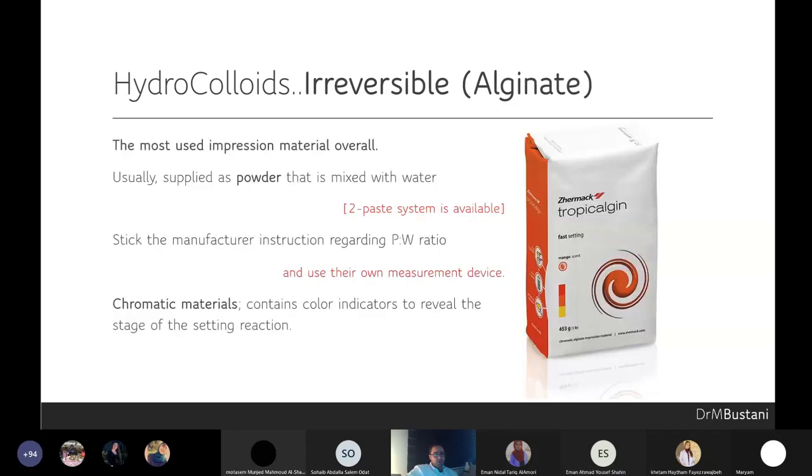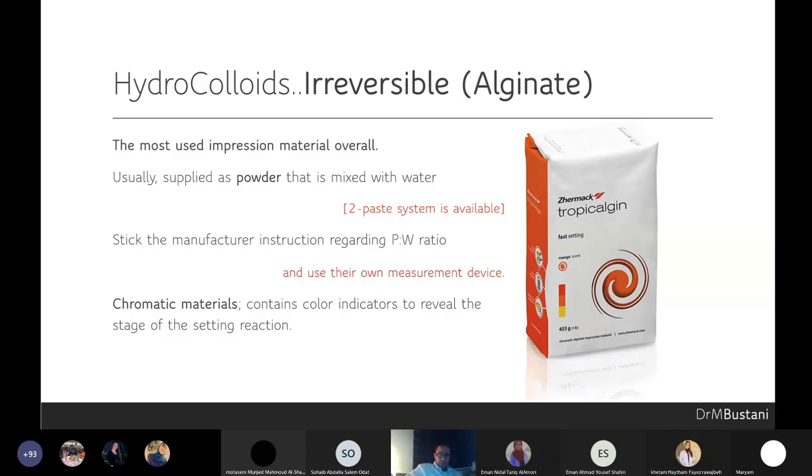The other one, which is the most commonly used to take primary impressions for dentate patients, and was even used to take a secondary impression for crown preps, and might be used as a secondary impression for completely edentulous patients with undercuts, is alginate.